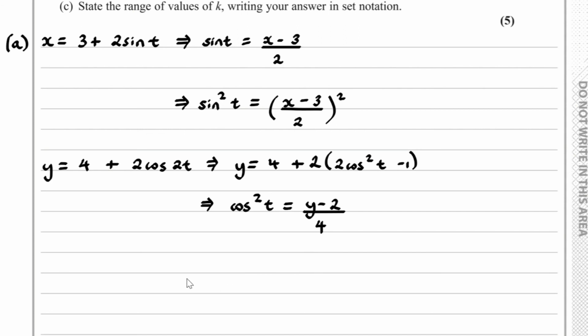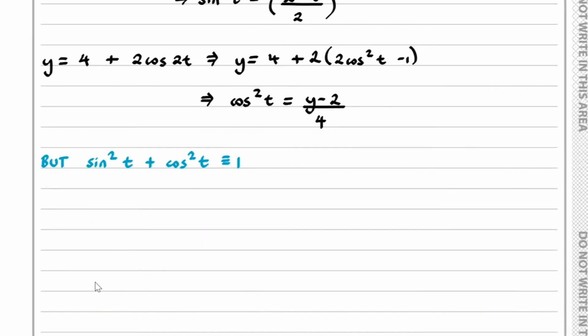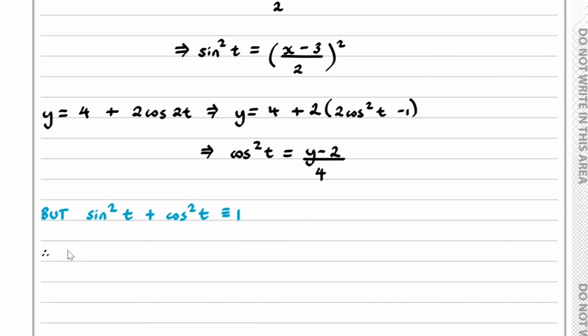Now why would I do that? Well, what I know already is sine squared t plus cos squared t is equivalent to 1. It's a known identity. And so therefore, I've got sine squared, which is x minus 3 over 2 squared, plus cos squared, which is y subtract 2 over 4.